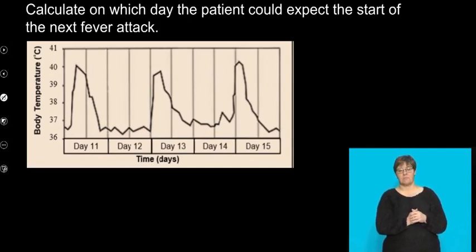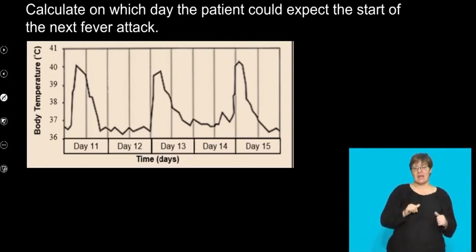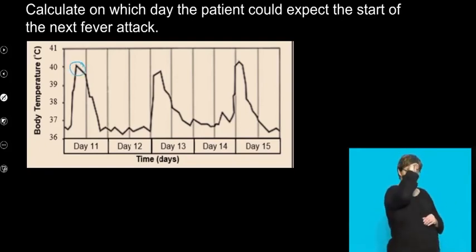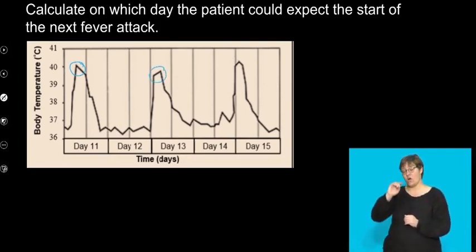Now, the next question says, calculate on which day the patient could expect the start of the next fever attack. In other words, do you see a pattern? So, we had a fever on day 11. We had a fever on day 13. And we had a fever on day 15.